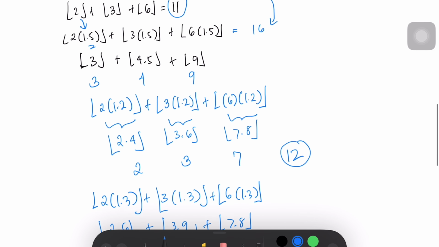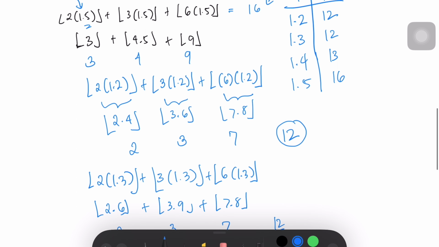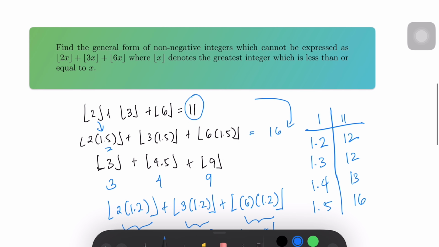So we got 11 if we tried 1, and if we tried 1.2, we get 12. At 1.3, we get 12 again. We try 1.4, we get 14. And at 1.5, 16. So it seems from here that really some values cannot be expressed in terms of this sum.